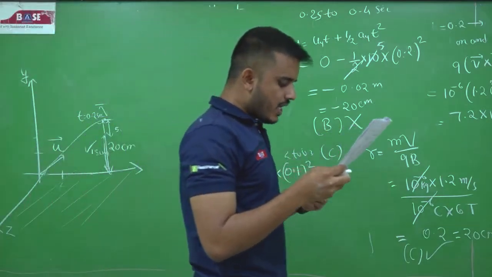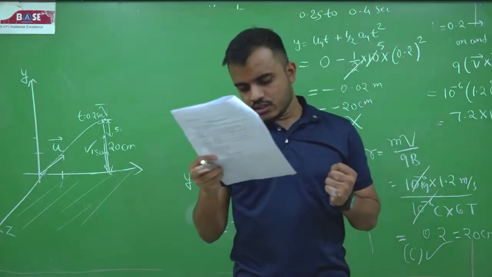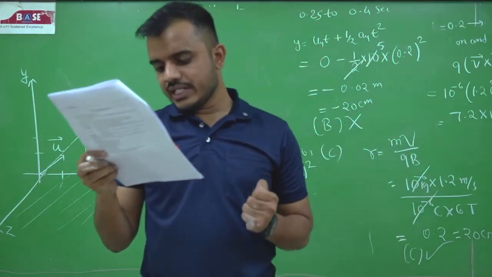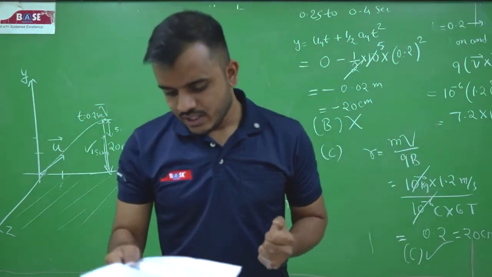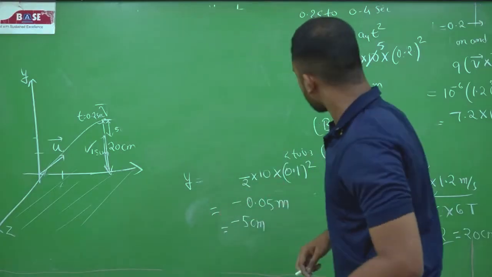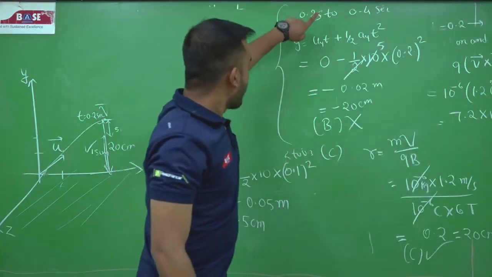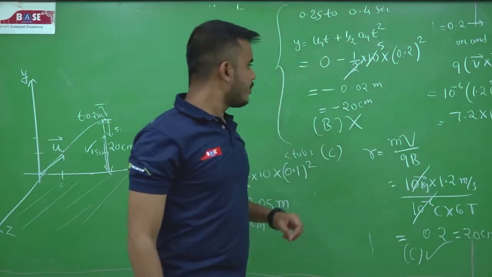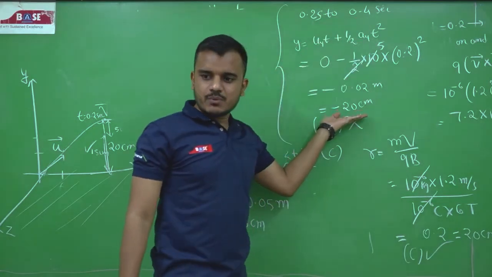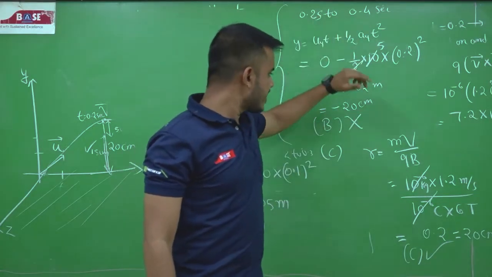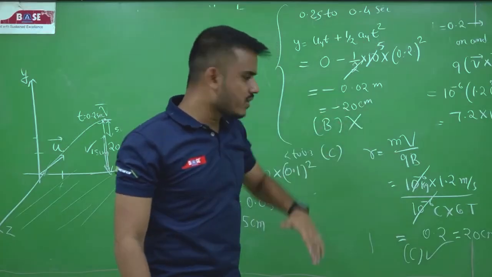In option D, the particle will be in the xz plane at t equal to 0.35 second. From the calculation we already got, after 0.4 second the particle comes to the xz plane. In the complete 0.4 second, it comes to the ground.